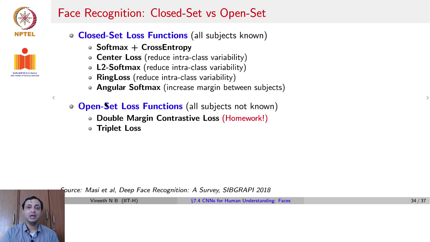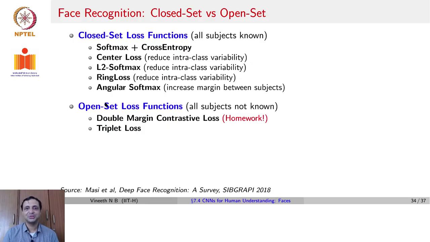On the other hand, in open set face recognition, one could have images of people that are not in your database, and the neural network has to at least say that this person does not belong to the database and is unknown to the current system.